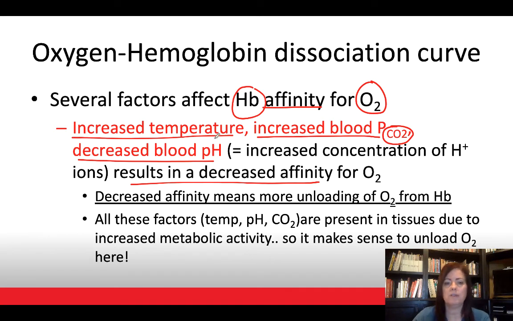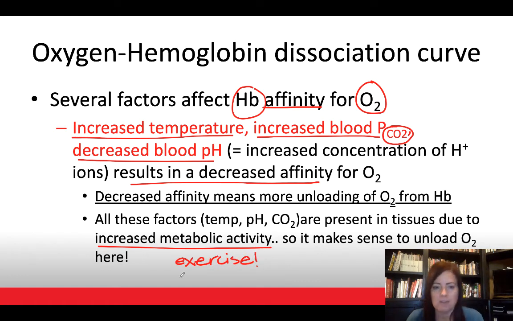So when do these things happen? When do we have all of these conditions? Mainly when we have increased metabolic activity, such as during exercise. Okay, that's when we see this. So when we are busy exercising, the temperature in our muscles goes up, the amount of carbon dioxide goes up because we are releasing it as a metabolic byproduct, and our acidity is going to increase, creating a decrease in our blood pH.